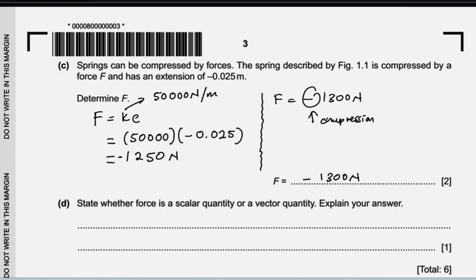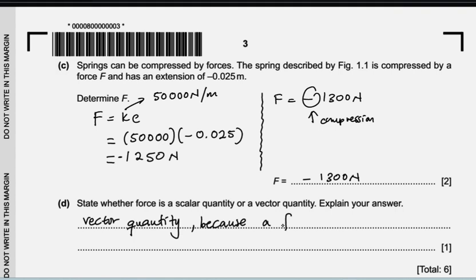State whether force is a scalar quantity or a vector quantity. Explain your answer. Of course, this is now different from this whole thing of Hooke's law. Definitely, a force is a vector quantity. Why do we say so?